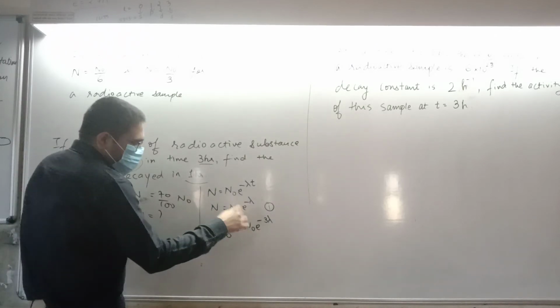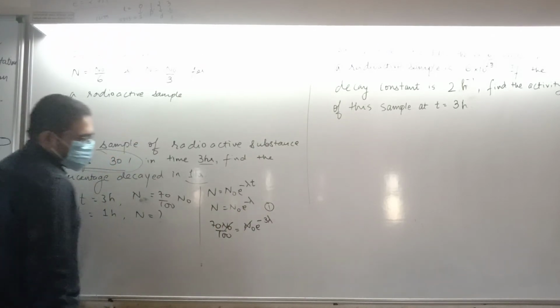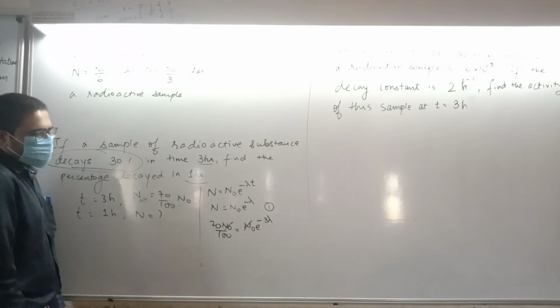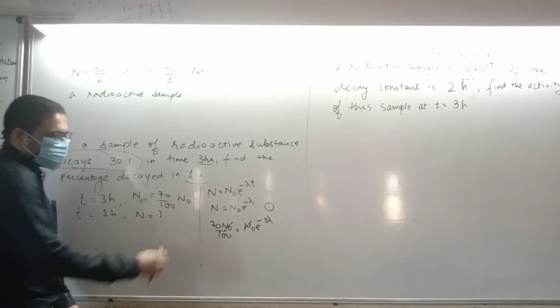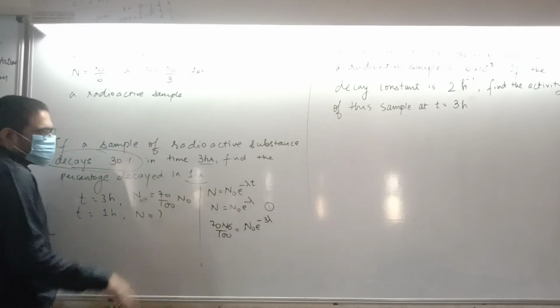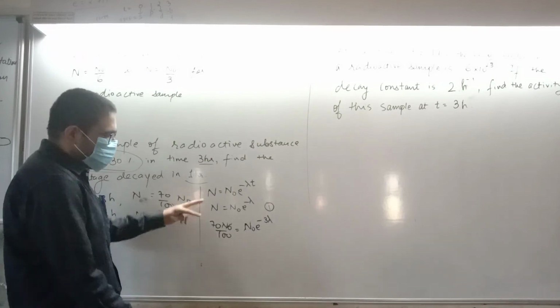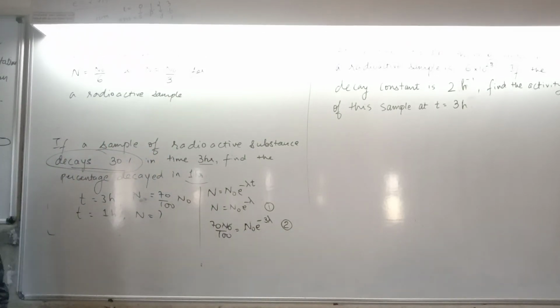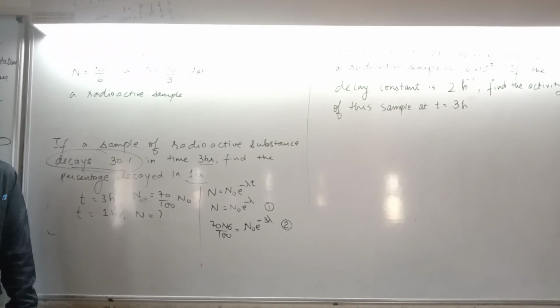Then over here obviously n0 is cancelled. Never mind, don't cancel it now; ultimately it's going to get cancelled when you divide. So divide equations 1 and 2.